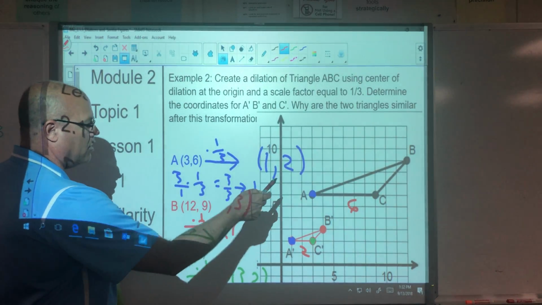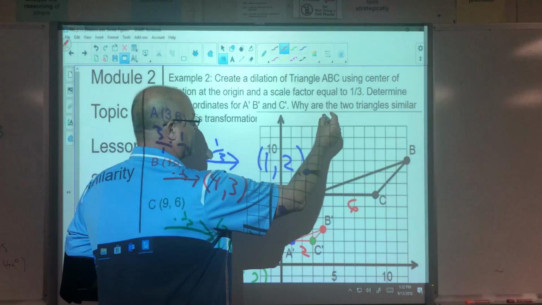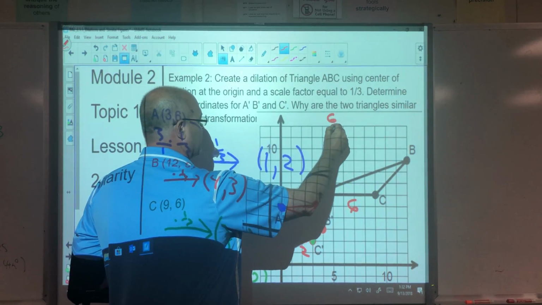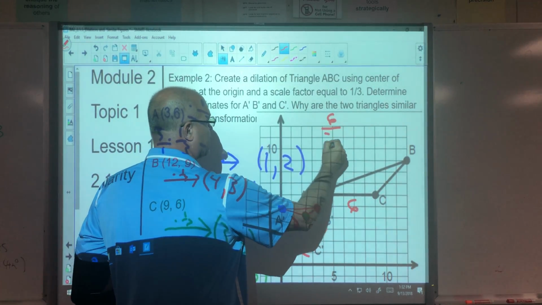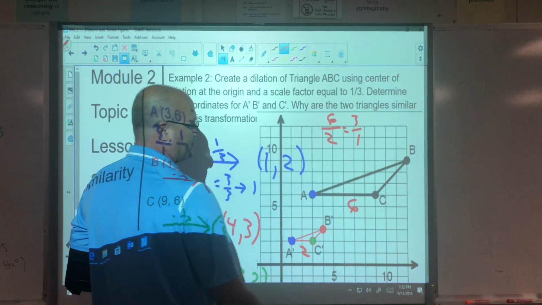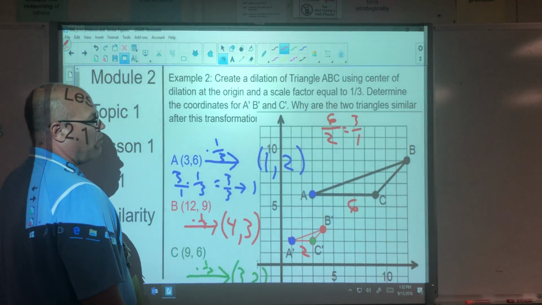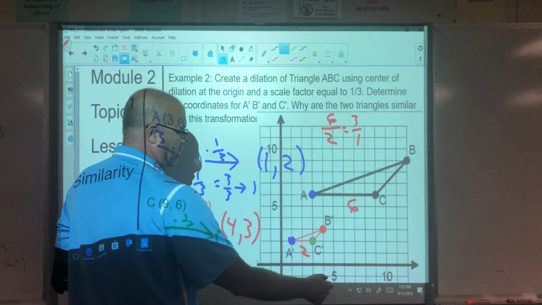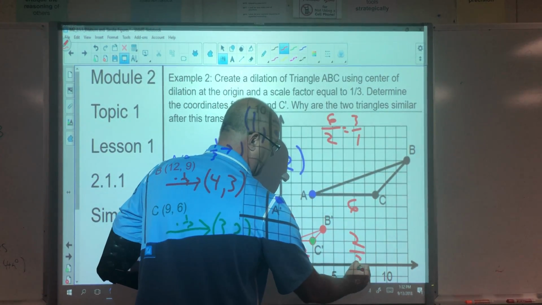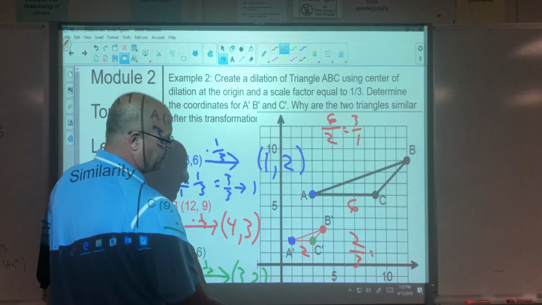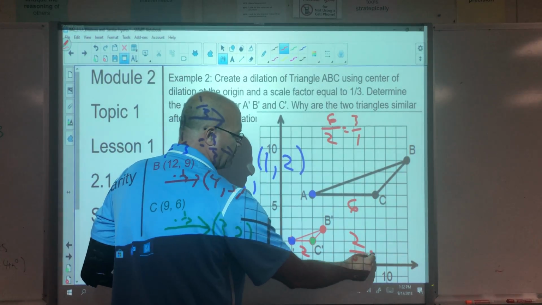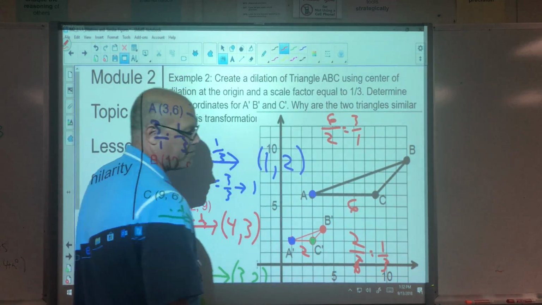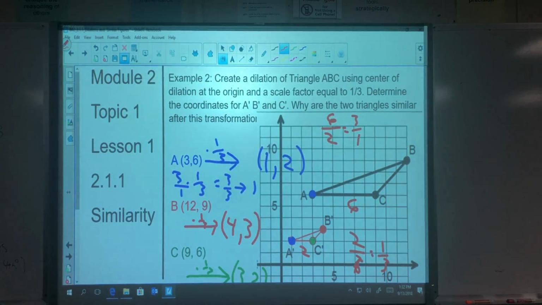So if I want to go large over small, I'd say my ratio of similarity is 6 over 2, which equals 3 over 1. Okay? If I want to go the other way, small over large, we would have 2 over 6, which would equal 1/3. That would be your ratio of similarity between the two figures.